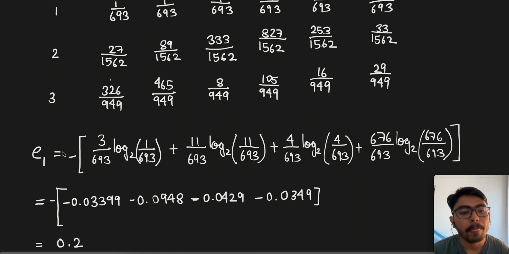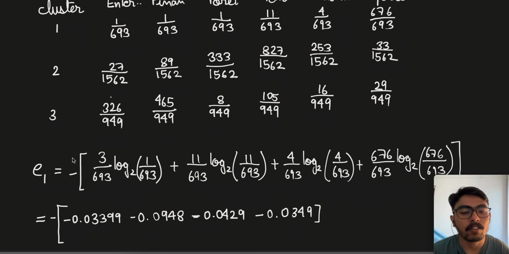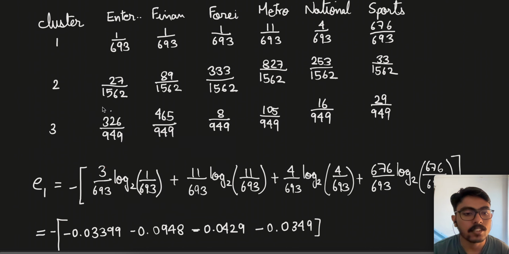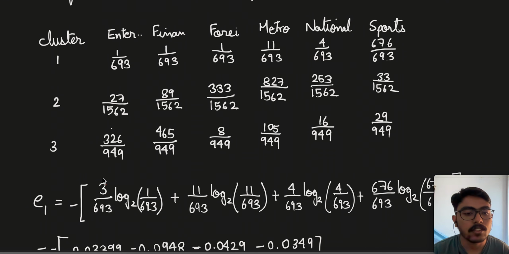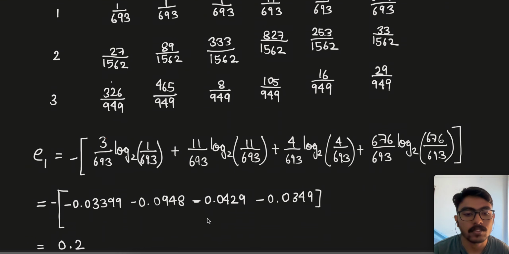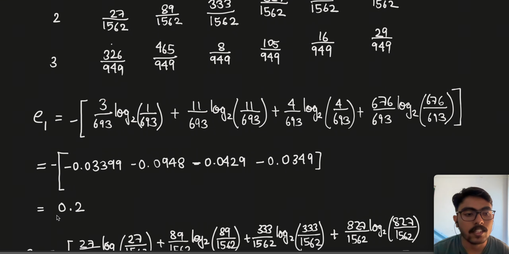After that we will start calculating the entropy of cluster 1. The minus sign is outside, and since there are 3 ones here, I've put them in a single term, and then 11, 4 and 676. We calculate this and finally the entropy comes out to be 0.2.